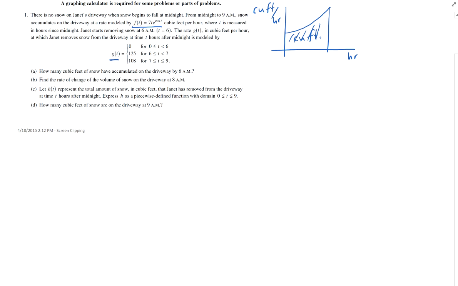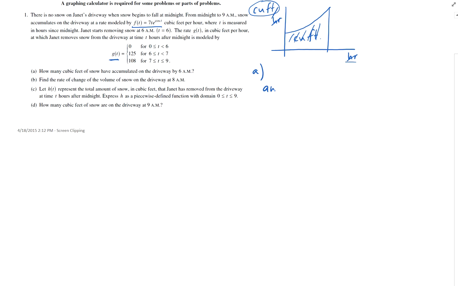Okay, so you need to be thinking whenever you're given a rate function, the area under the curve is going to give you the amount that you accumulate, because when you multiply these two together, the hours will cancel out. Okay, so that's kind of how you're approaching this problem. So, starting fresh, we look at this. A, how many cubic feet of snow have accumulated on the driveway by 6?